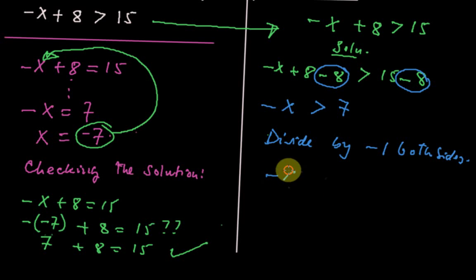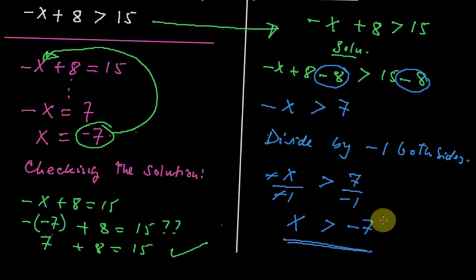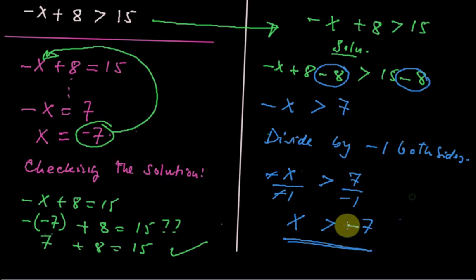So it is negative x over -1, greater than 7 divided by -1. This is what we did here, and here the negative and negative cancel, so that x is greater than -7. Let us see if this is going to work. Check the solution now.